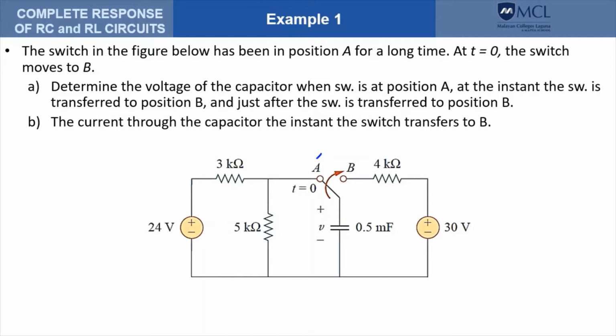So that means that the circuit has attained a steady state condition before being transferred to position B. The act of flipping the switch from A to B disturbs the circuit and will trigger a transient condition, especially the part that contains the capacitor.